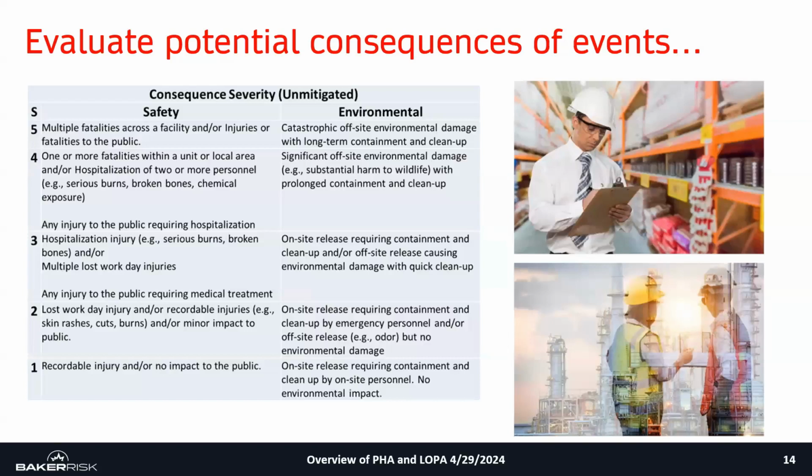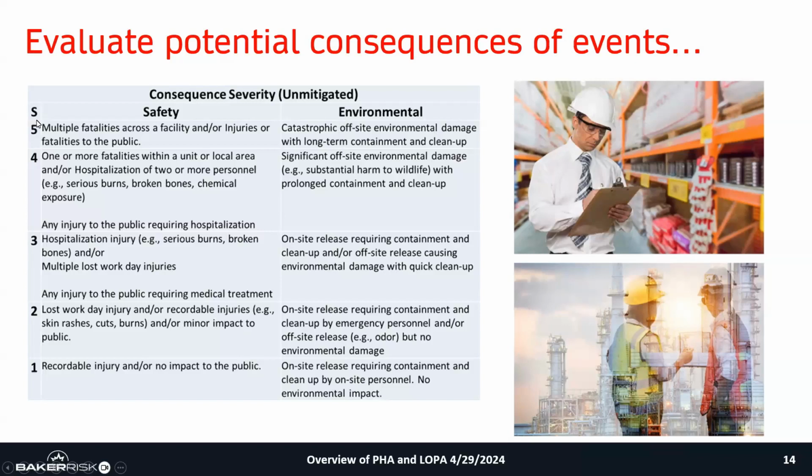To further illustrate consequences, on this slide, I have an example of criteria for a PHA to define consequences. On the left-hand side, you can see you have safety, and on the right-hand side of this criteria, you have environmental.